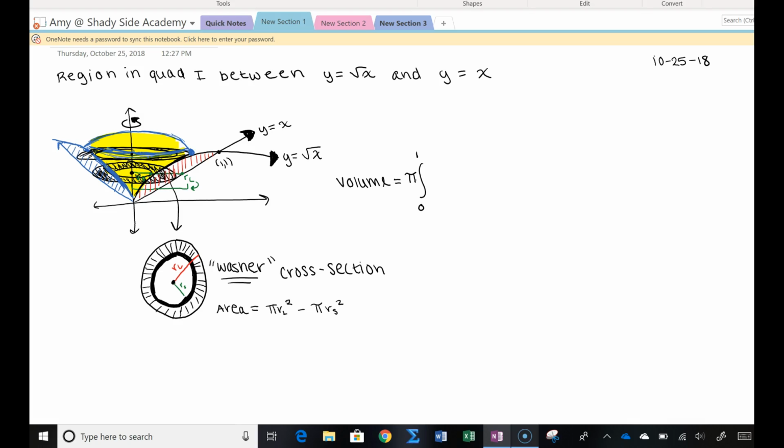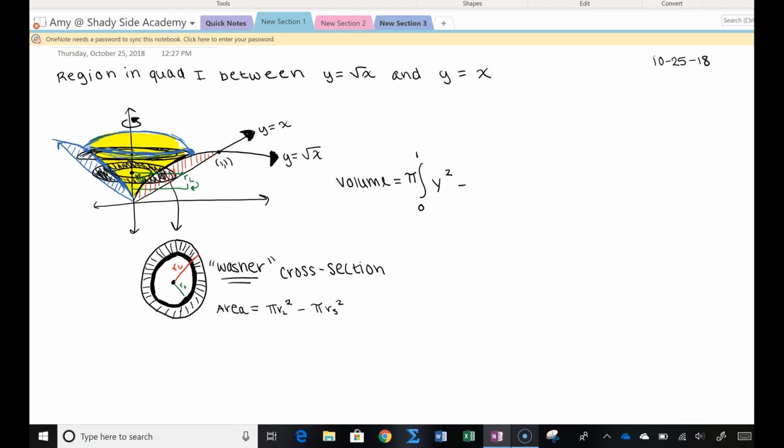So we're going to put in here for the outer radius, y, the dummy. That's the outer radius. Y squared. Outer radius squared is always on this green line.